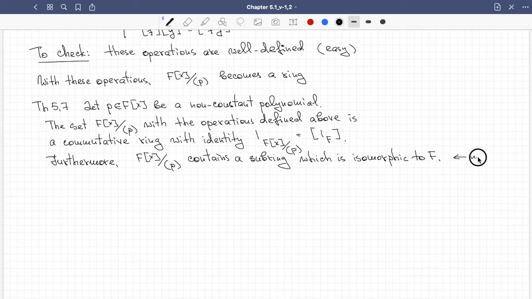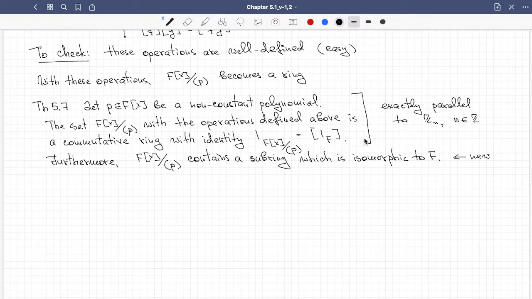The rest is exactly parallel to Z mod n. So everything is the same, starting with n, an integer.